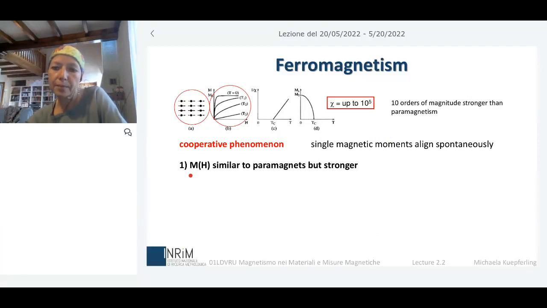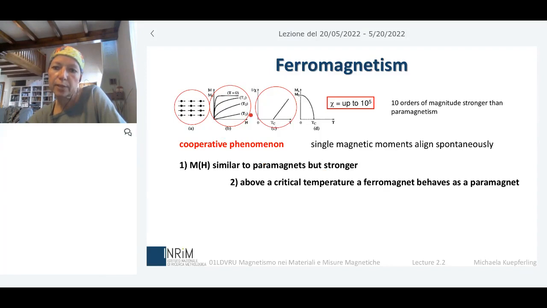So M as a function of H is very similar to paramagnets, as we can see here, but it's much stronger. You can see here that at high temperatures, for example, we have again this linear behavior, while at lower temperature the magnetization saturates. Again, we have this behavior that 1 over chi is proportional to T, the temperature, but only above a certain so-called critical temperature.